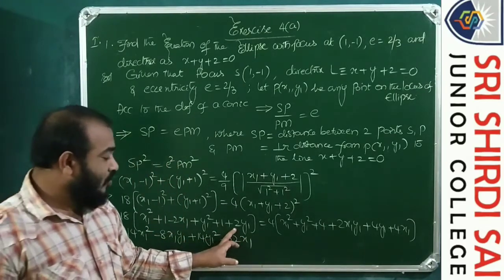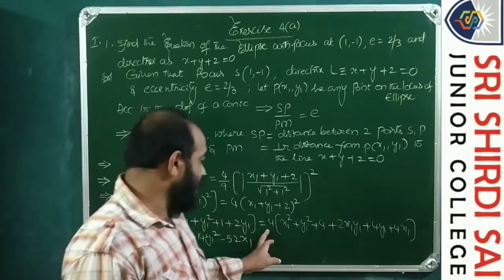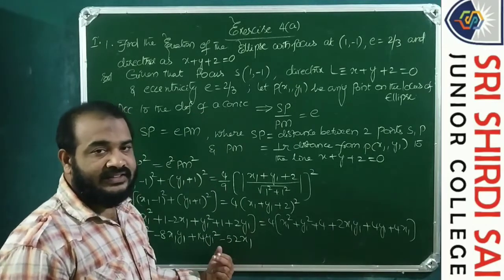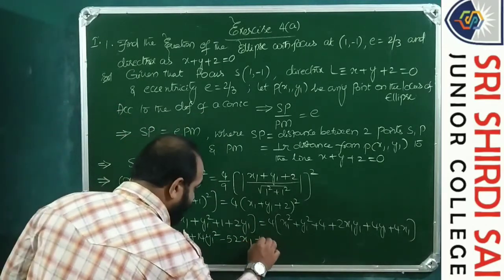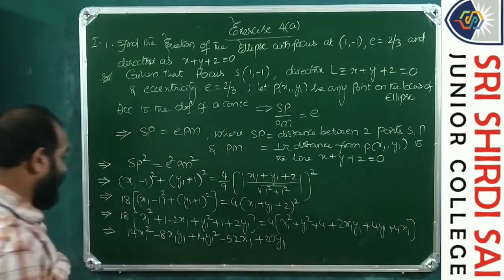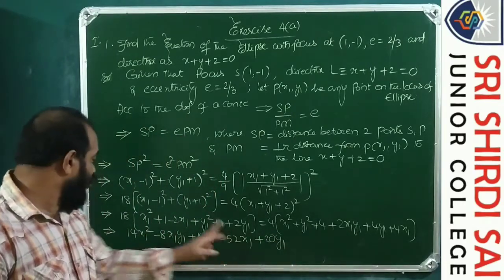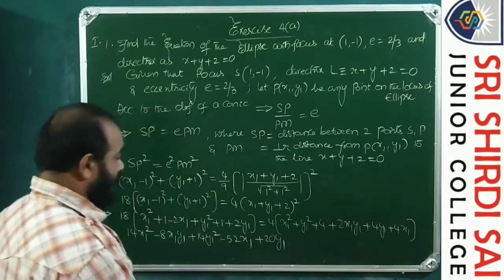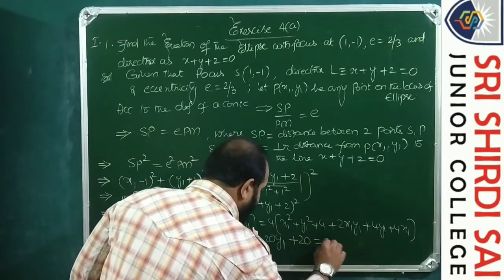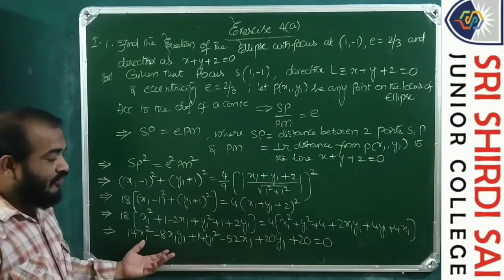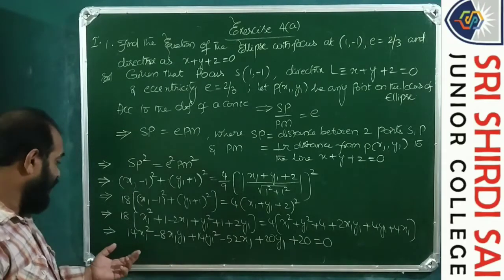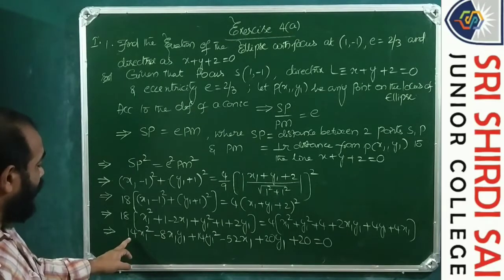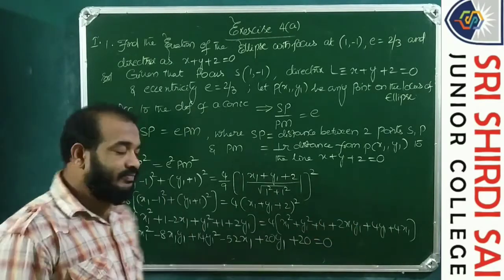18 into 2, 18 2s are 36y1, and 4 4s are 16, so 36 minus 16 gives 20y1. Next, 18 plus 18 is 36, and 4 4s are 16, so that is 20, equals 0. Therefore we can take 2 as common throughout the entire equation.